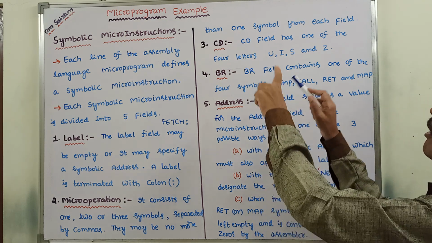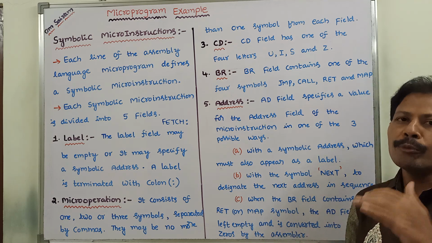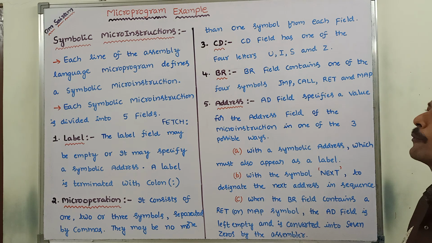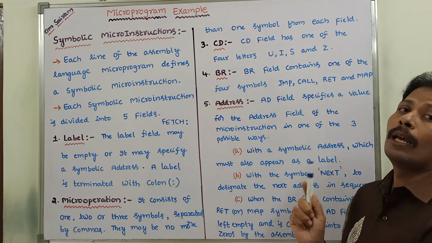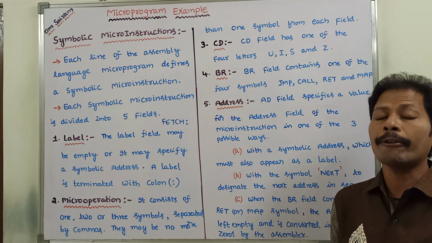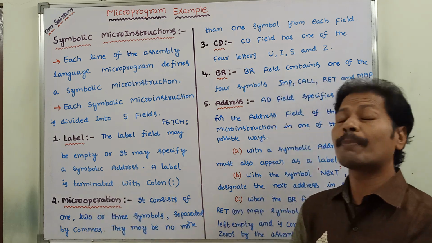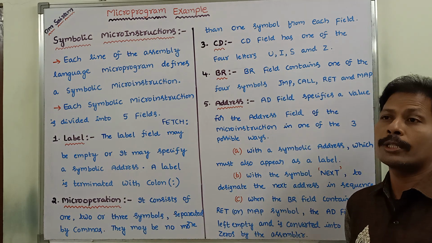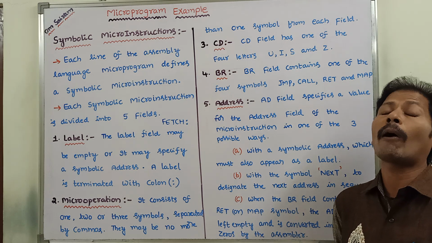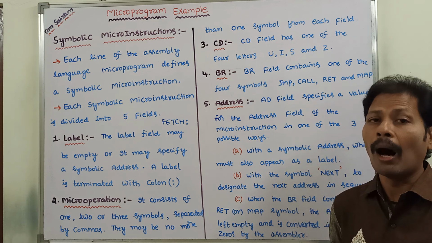These are the 5 fields in the symbolic microinstruction. While writing the symbolic microprogram, compulsorily we have to use these 5 fields: label field, micro operation field, CD field, BR field and address field. The micro operation field specifies the micro operations to be performed. Whenever more than one micro operation is performed at the same time, they are separated with comma.